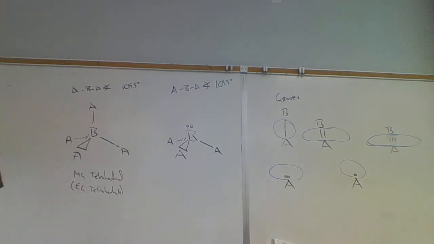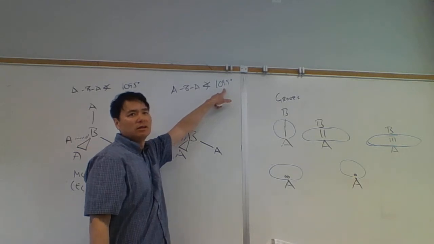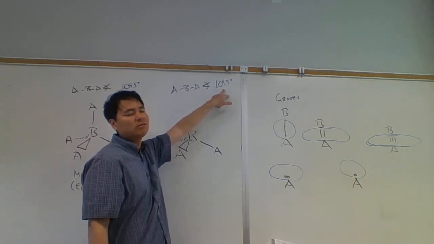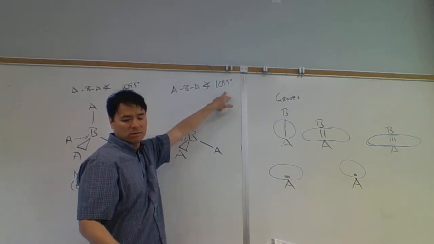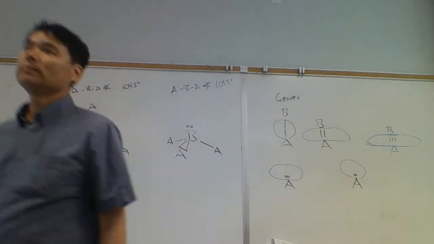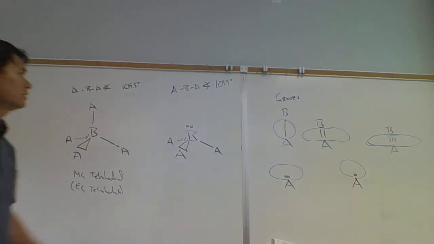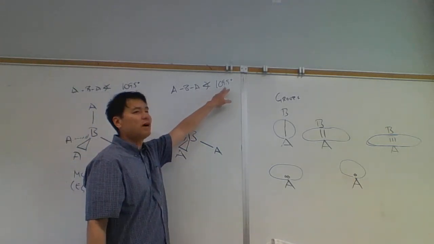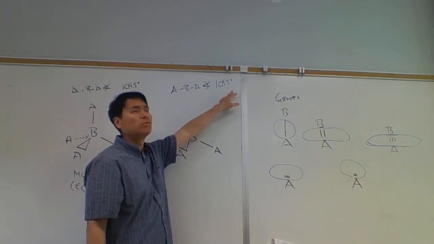A lot of people will call this 109. When you round 109.5 to 3 sig figs, what does it round to? It should round to 110. This 0.5 we round up. But the actual tetrahedral angle is not 109.5. It's 109.47, I think, 46.